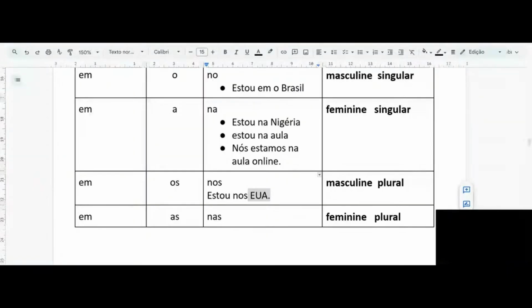So USA in Portuguese. I know most of us, since we didn't know, would have used the same letters, writing USA. Please, we don't have USA in Portuguese. It is EUA. Okay, EUA.